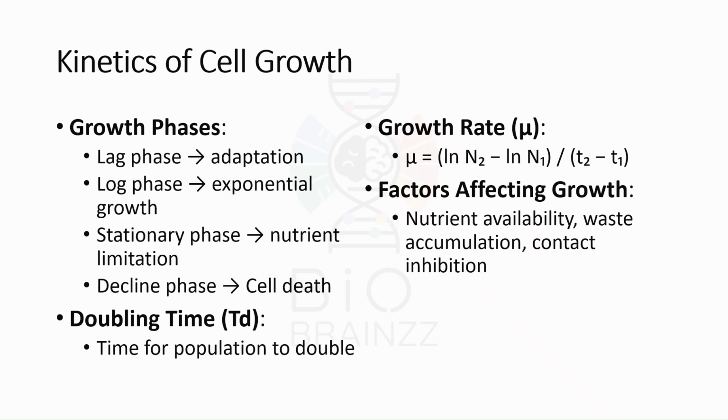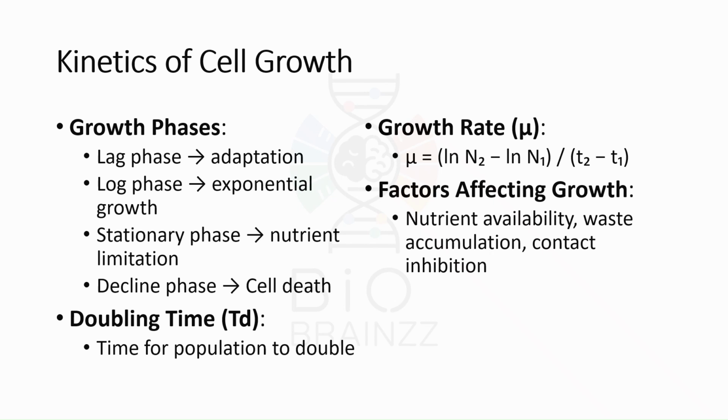Cell growth occurs in different phases: lag phase, adaptation; log phase, rapid growth; stationary phase, nutrient limitation; and decline phase, cell death. Among these, the log phase is most important because cells divide rapidly here.